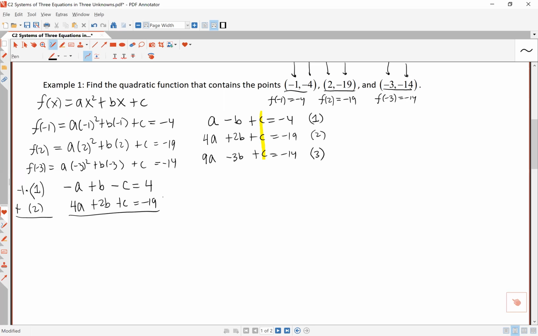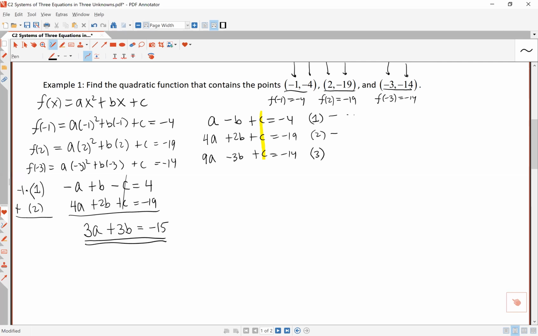When I add these two equations together, the c's are going to cancel, but I'm going to get negative a plus 4a is 3a. B plus 2b is 3b. And 4 plus negative 19 is negative 15. That's my new equation that I'm going to use here in a little bit. I used equation 1 and 2 to eliminate c.